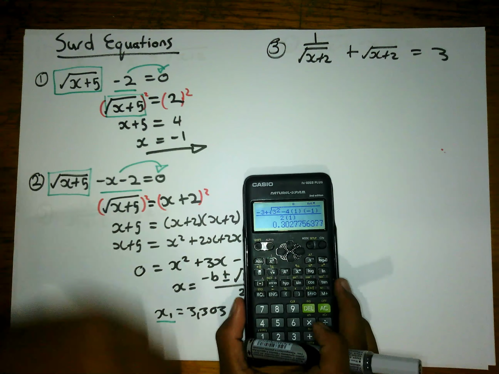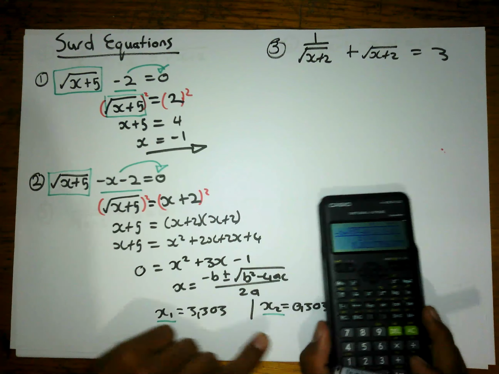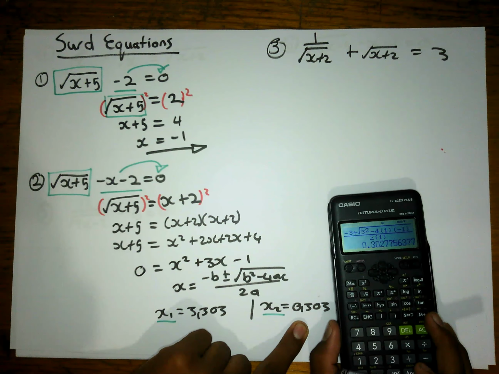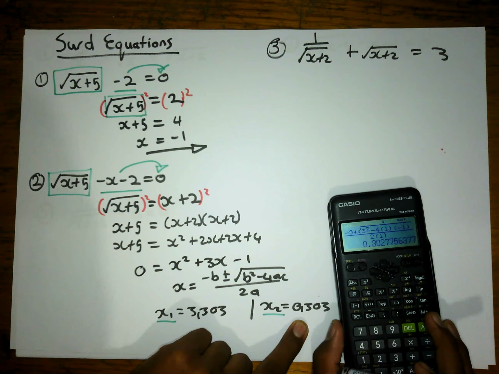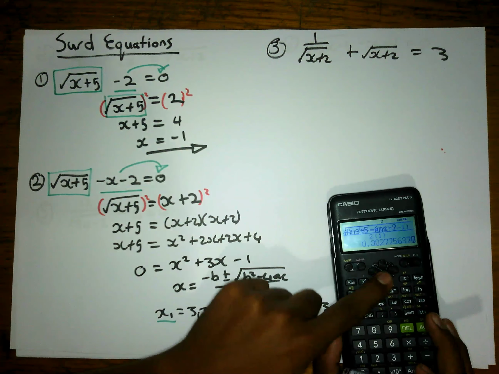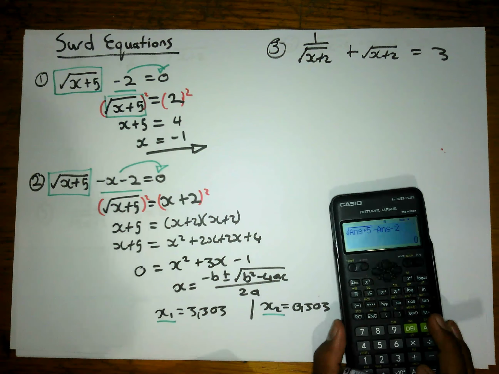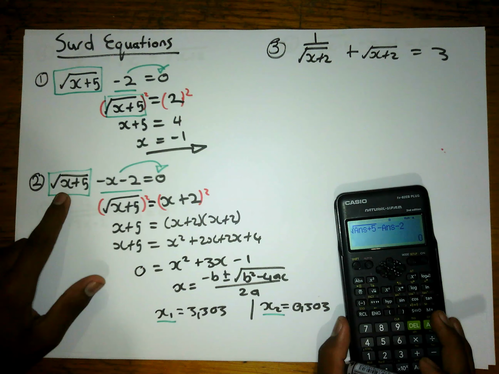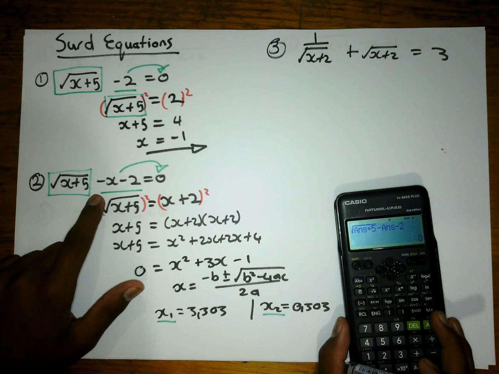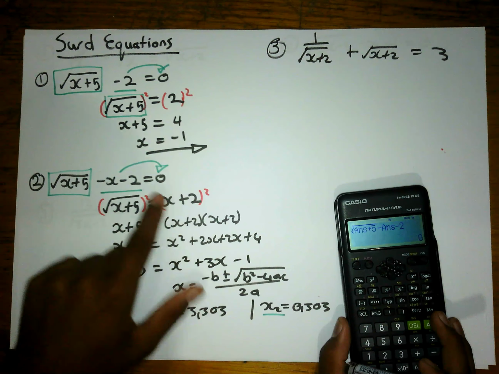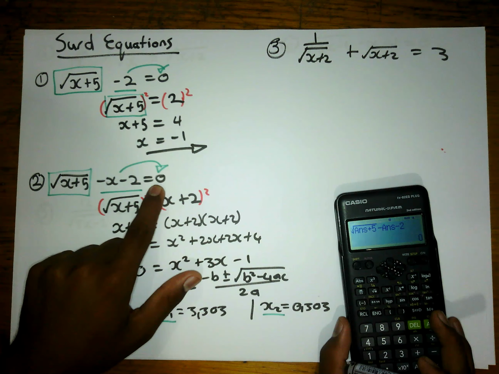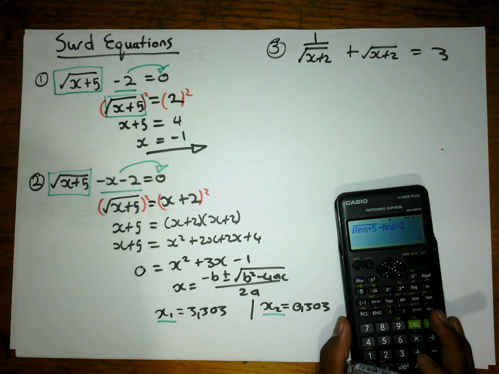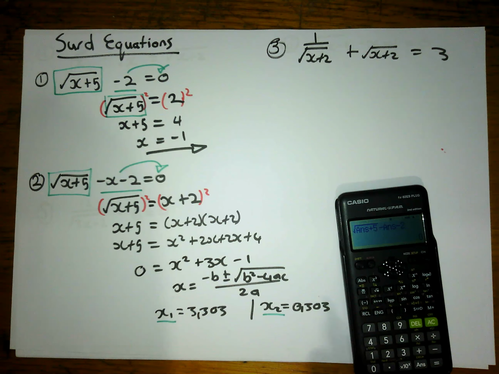So there is the 0.303, if you round it to decimal places. When I put this answer directly into this equation here, I hope everyone can see it, I get 0.